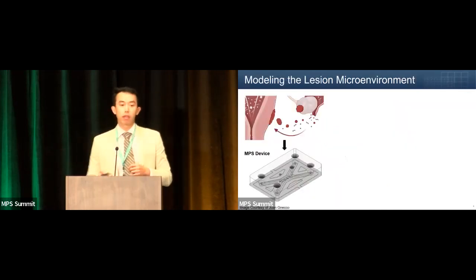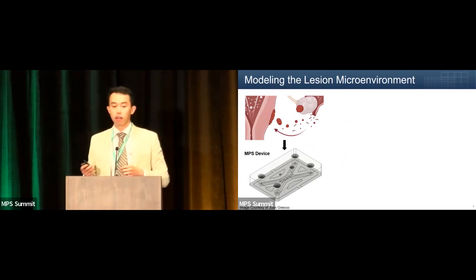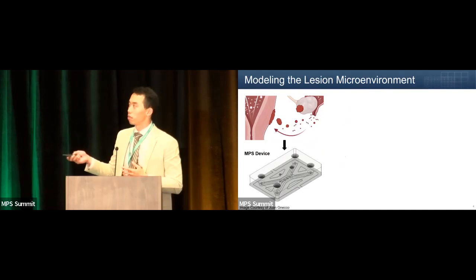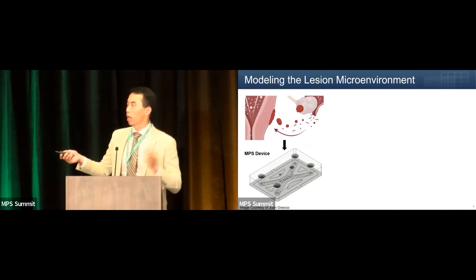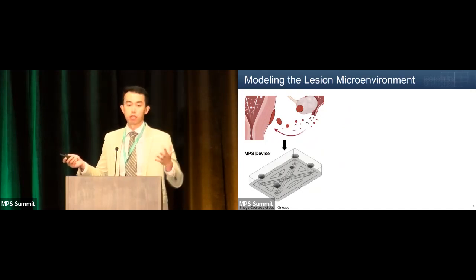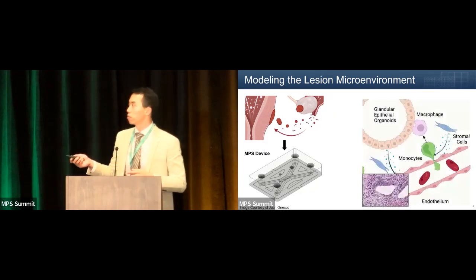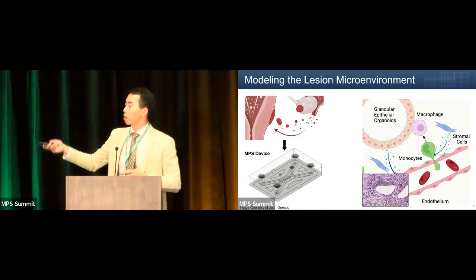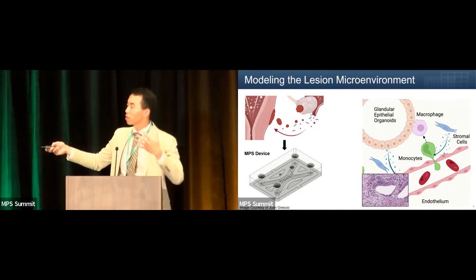In the Griffith lab and in the Laufenberger lab, we're very interested in properly modeling this disease. So how do we actually model this lesion microenvironment? Especially, how do we move into MPS or physiologically relevant systems? Well, if we consider what I was just talking about, maybe we can provide some glandular epithelial organoids, maybe seed stromal cells, and then have monocytes and macrophages.